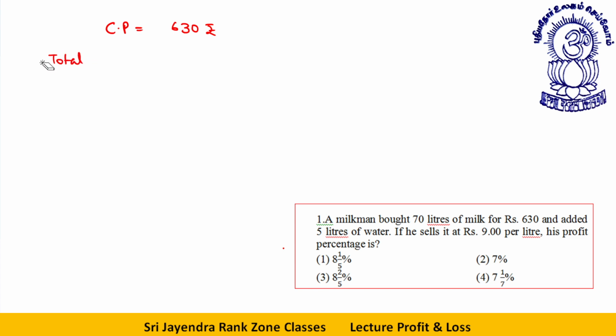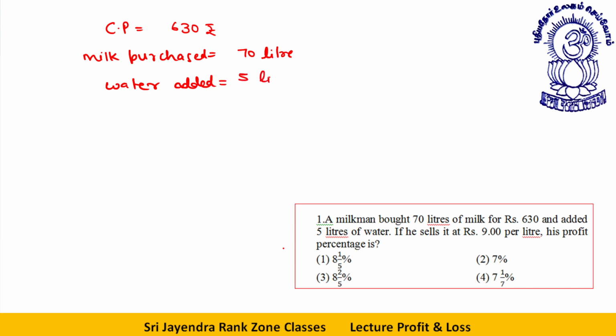First of all, how much is the milk purchased? That is 70 liters. Water added: how much is the water added? 5 liters. So the final quantity of milk is 75 liters.